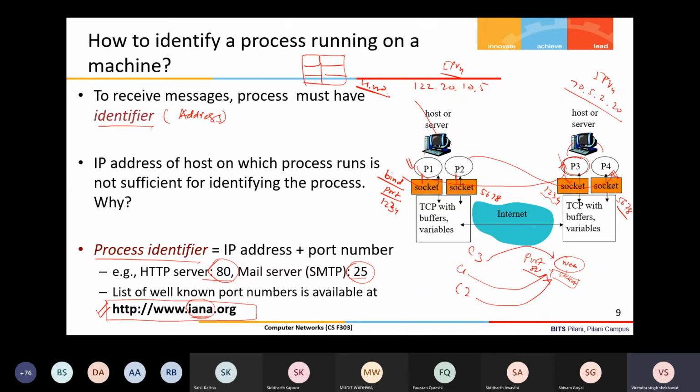So the multi-threaded or multi-process system is basically for handling multiple clients, right? Right. So what if we want to host two different websites or web applications on a single server? Is that possible or not? It is possible.